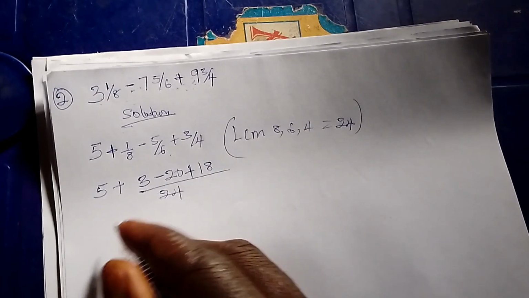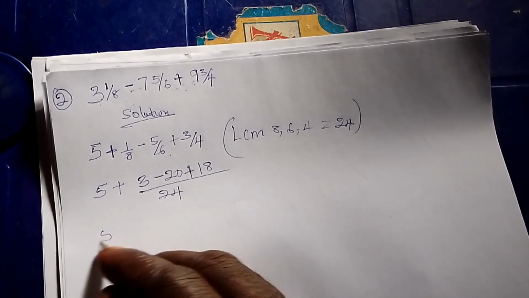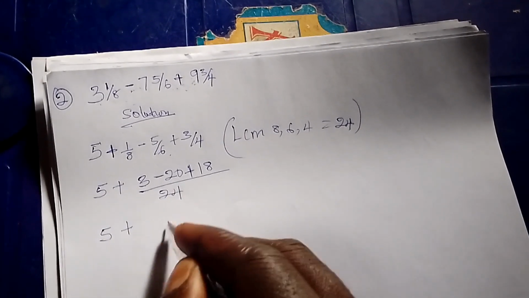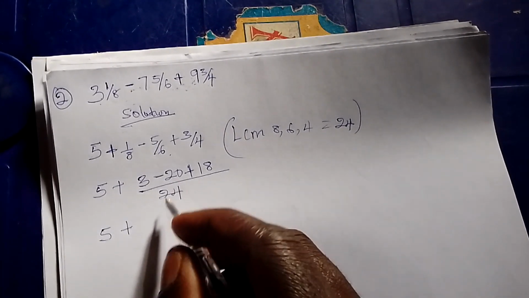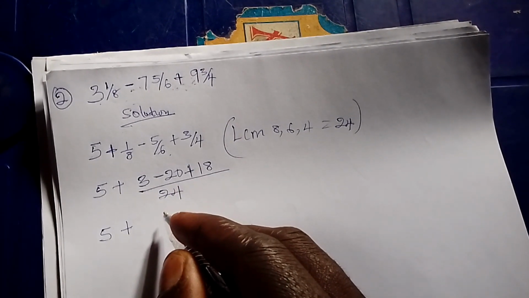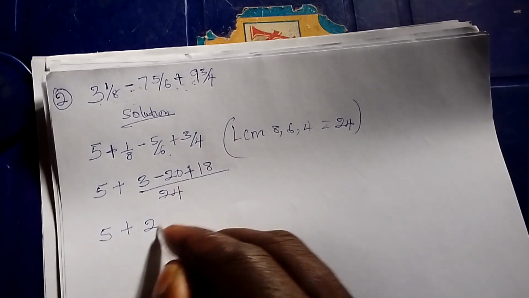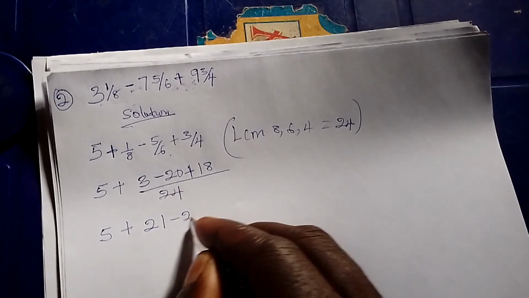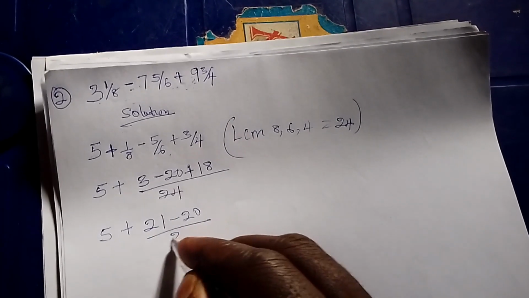So the next stage now is to simplify. 5 plus 3 plus 18 will give us 21. 21 minus 20 all over 24.